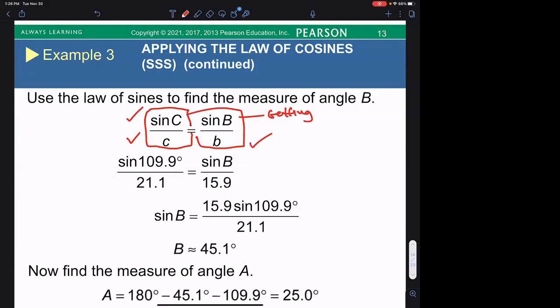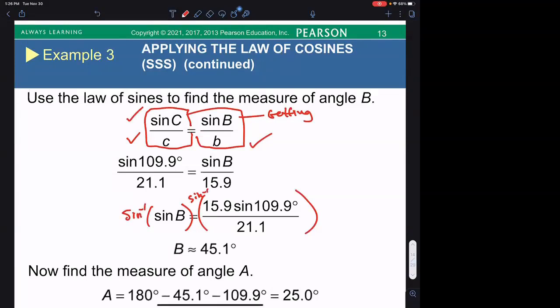So they plugged in the angle that we just figured out and the sides that we know, and then they solved for sine B. And then again, once you have sine B equal to some number, which you type in on your calculator, you take the inverse sine of both sides.